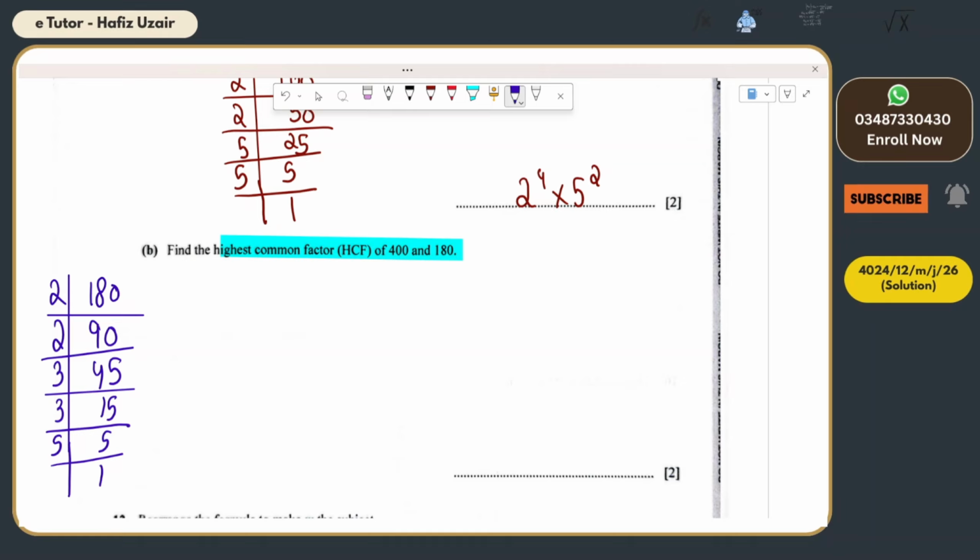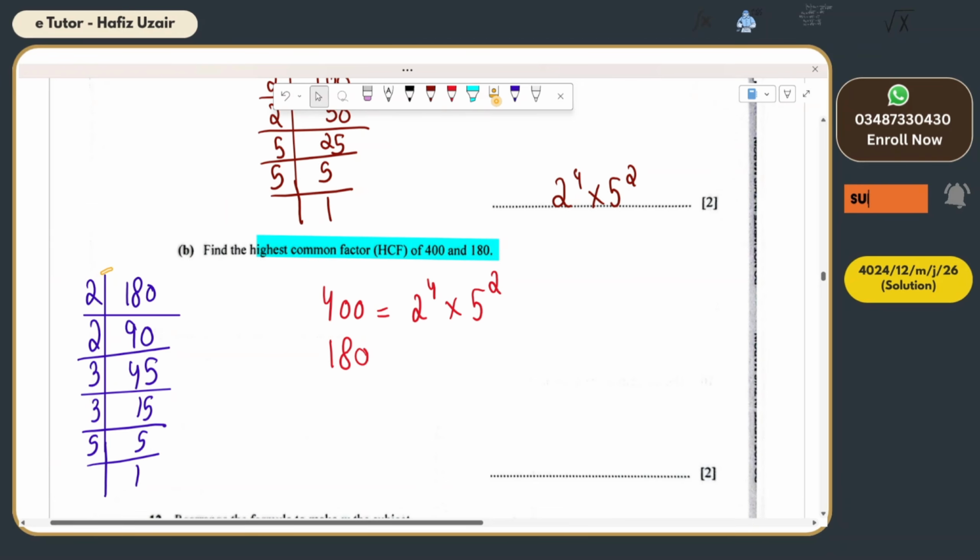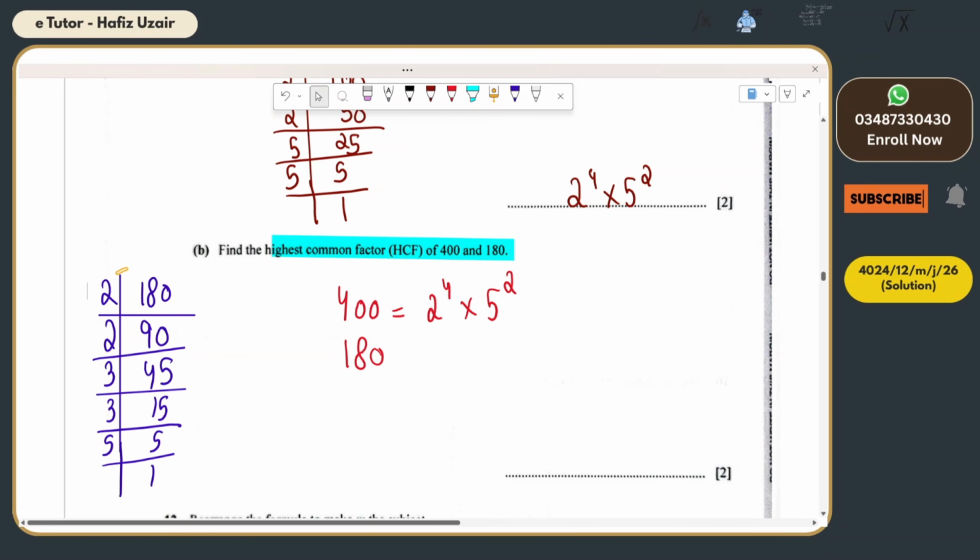All right. Now let's write these numbers. 400 is 2 power 4 multiplied by 5 power 2, and 180 is 2 power 2 multiplied by 3 power 2 multiplied by 5.